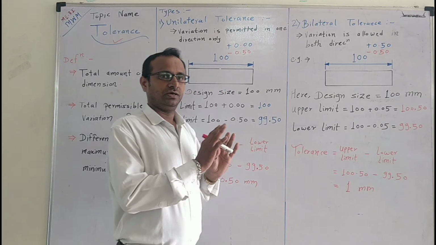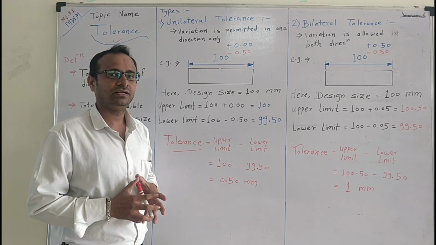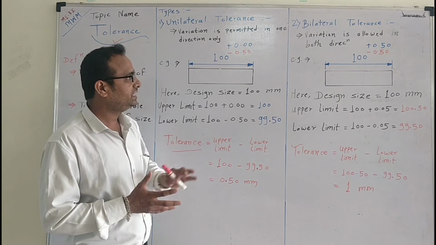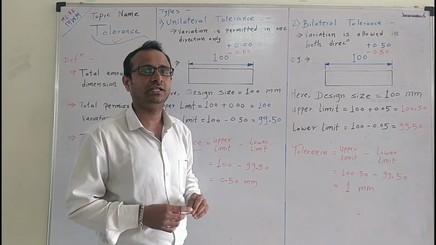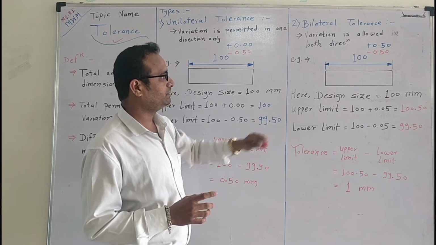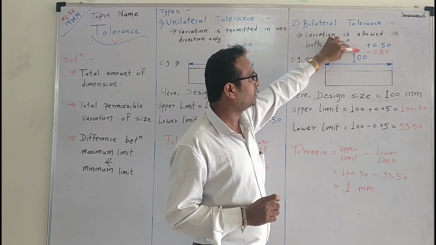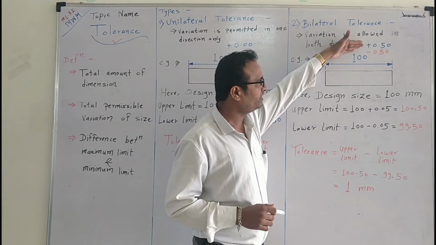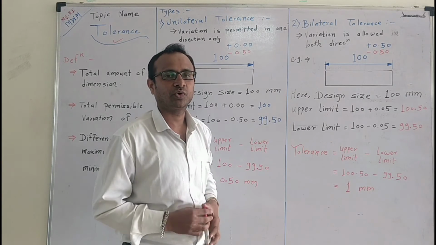So the difference is that variation is provided in both directions. That means at the upper side also some value is there, and at the lower side also some value is there. This value may vary from component to component and from product to product.